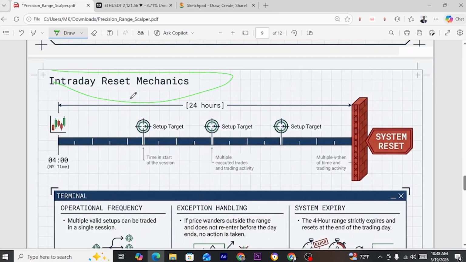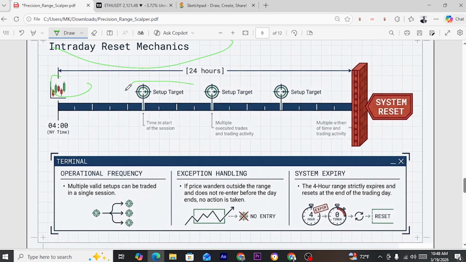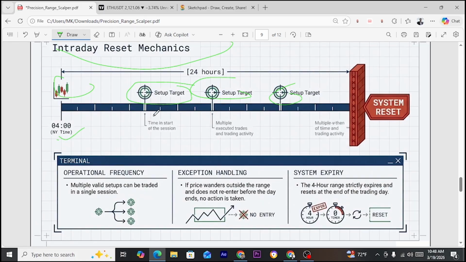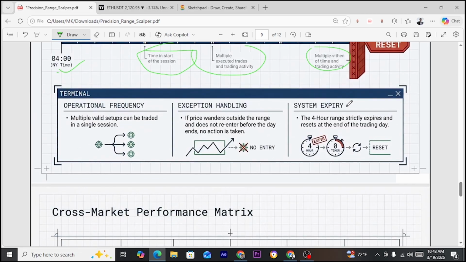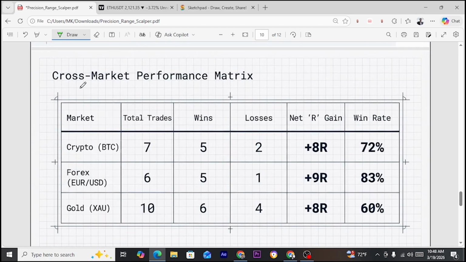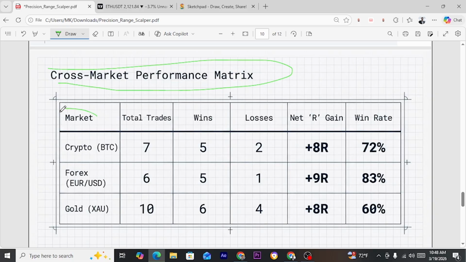Intraday reset mechanism, trading setup target. There is nothing more to share as we already shared that. So, cross market performance metrics. With this strategy in the crypto market, total trades we already did: 7, wins 5, losses 2, and win rate 72%.